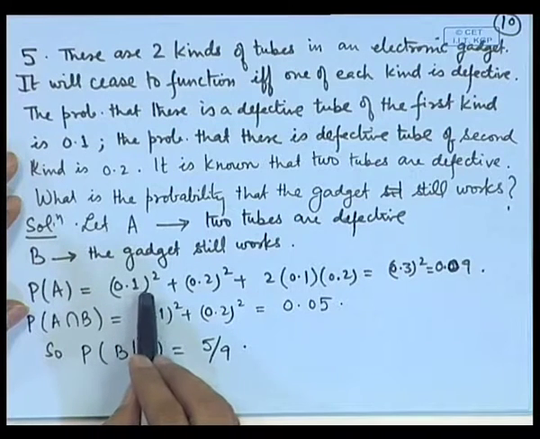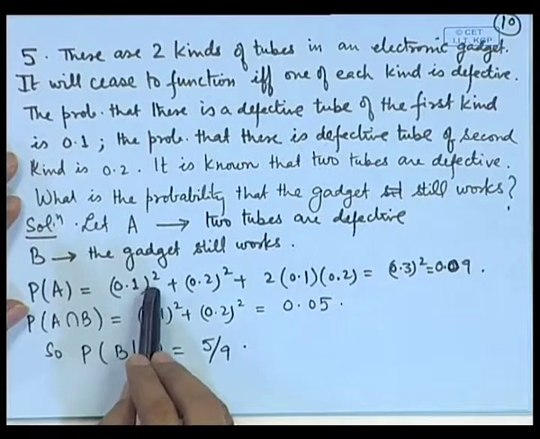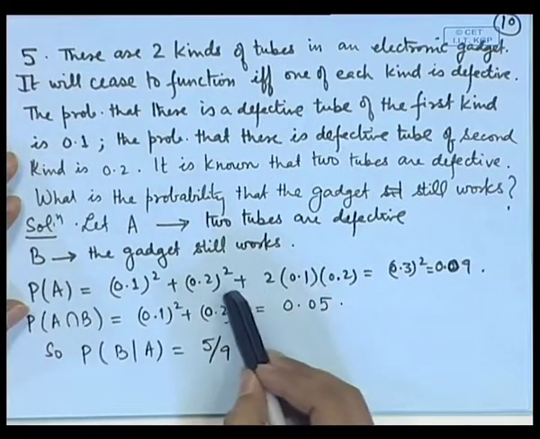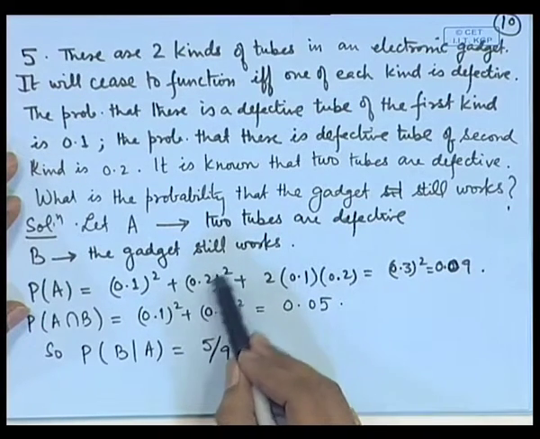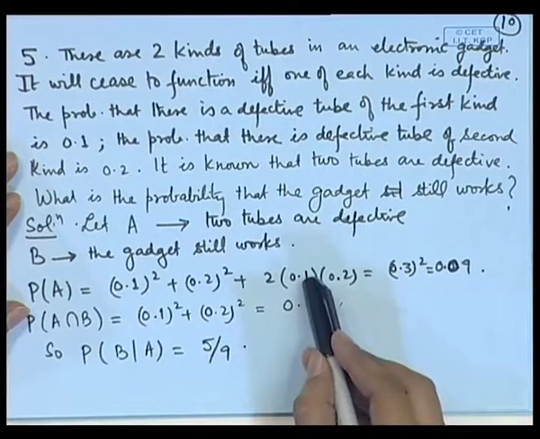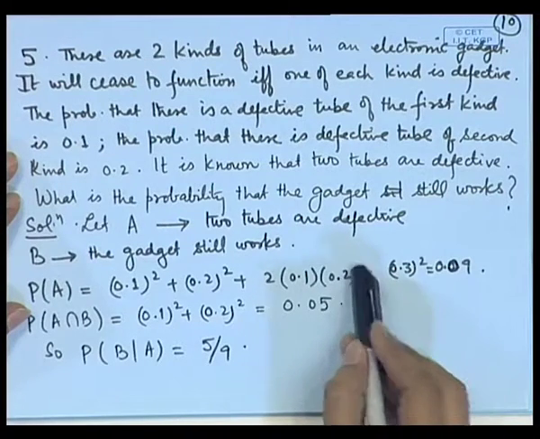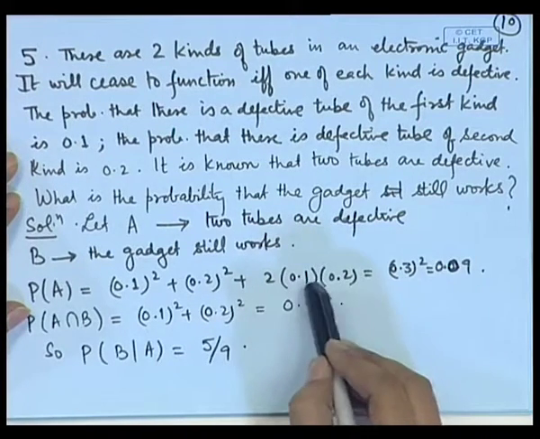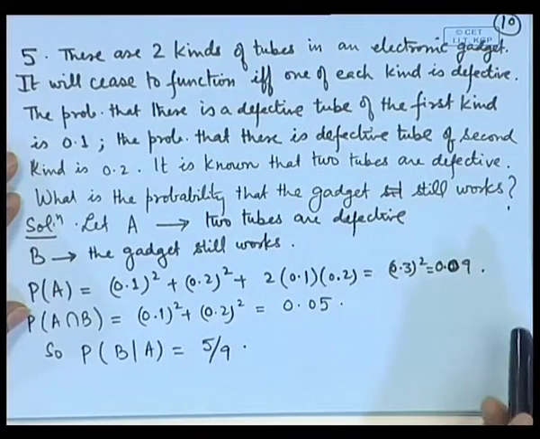So, if both the tubes are defective of the first kind, then the probability will be 0.1 into 0.1, that means 0.1 square. Both may be having defects of the second kind, so it is 0.2 into 0.2, that is 0.2 square, or the first one could have a defect of the first kind and the second one a defect of the second kind, or vice versa. So, it will be 2 into 0.1 into 0.2. So, this is equal to 0.09.